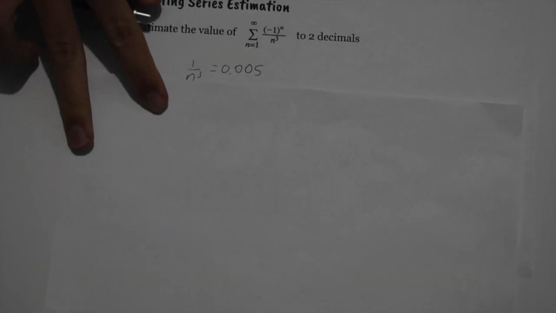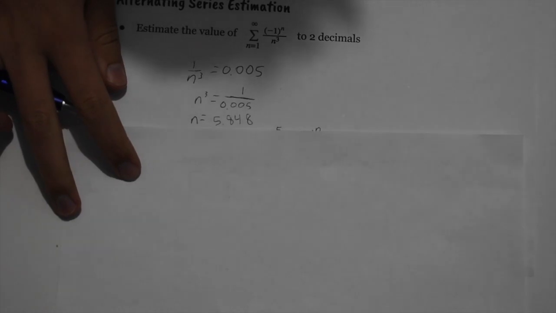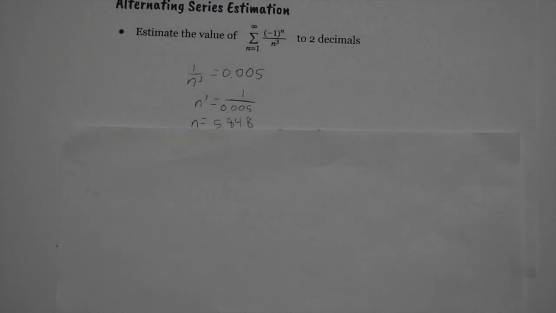Okay, alternating series estimation time. Gross, I agree. What we do for this one is first we have to find how many n values we need to use to estimate into our calculator. We want this whole guy to be less than 0.005 because that's equal to 2 decimal places of accuracy. We set it equal to it to find it, and solve: n equals 5.848. So what does that mean? Is n 5, is n 6, is n 5.8?